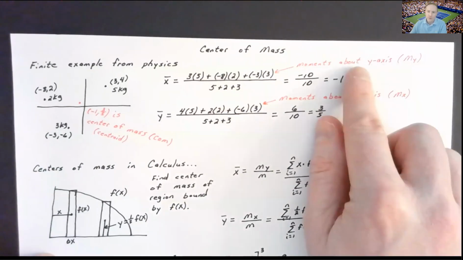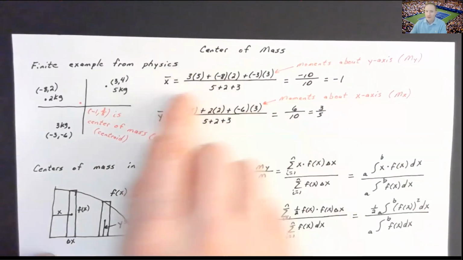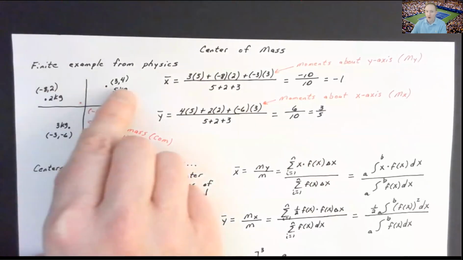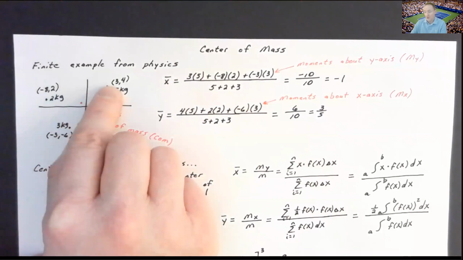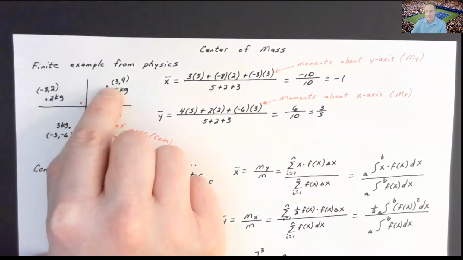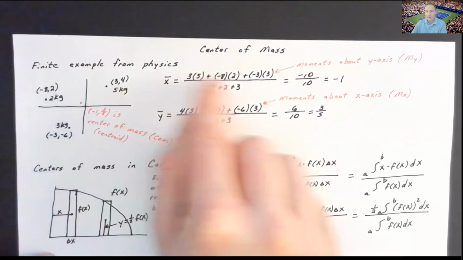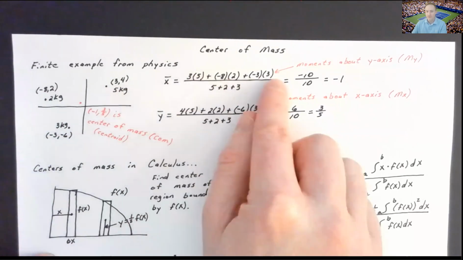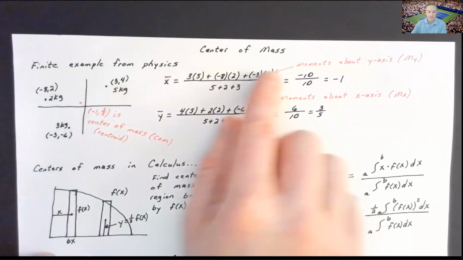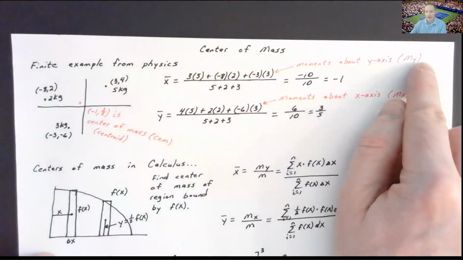Now, whenever we're trying to find anything about the average x value, it's always the moments about the y-axis. The distance you are from the y-axis is always x, and then that distance is multiplied by the amount of mass at that distance. So the sum of all of the weights in the scenario, all of that together would be the moment about the y-axis.